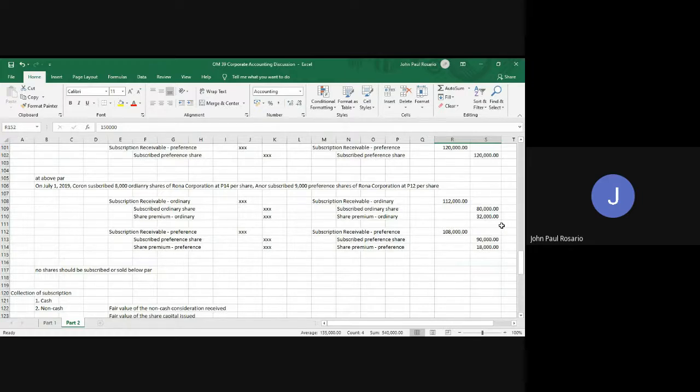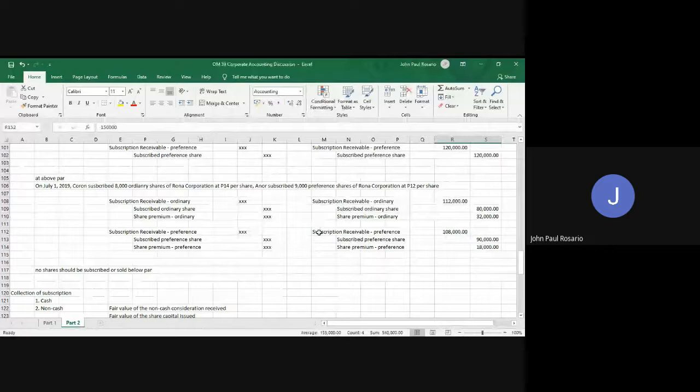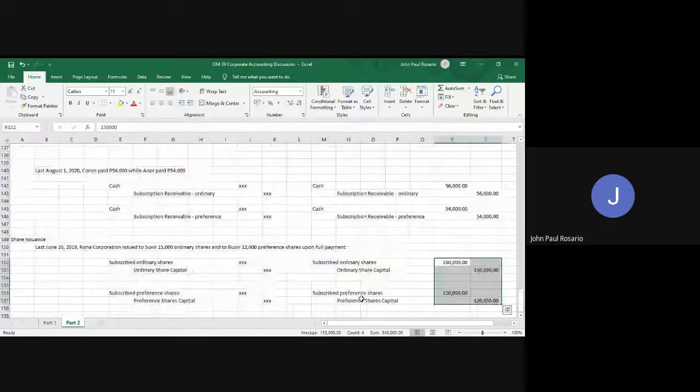Kung ma-issue ni siya nga shares, yung entry ani would be subscribe ordinary share na debit, crediting ka og ordinary share capital, 80,000. Same here. Debit ka ng subscribe preference shares, credit ka ng preference share capital amounting to 90,000, meaning at par value.